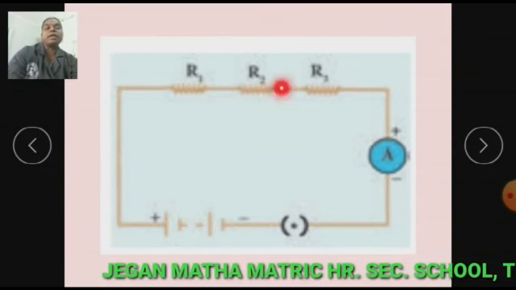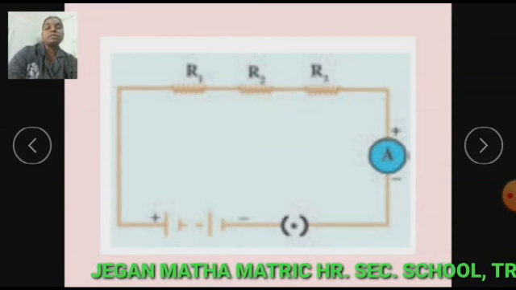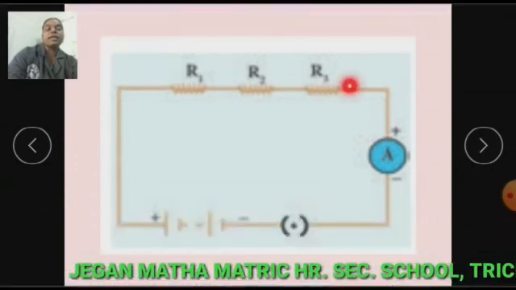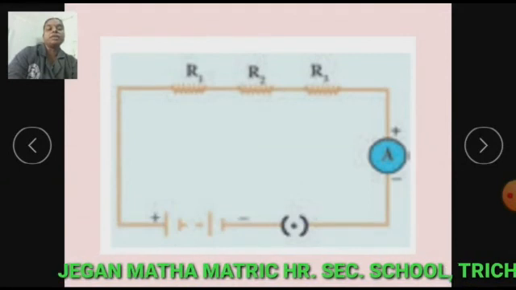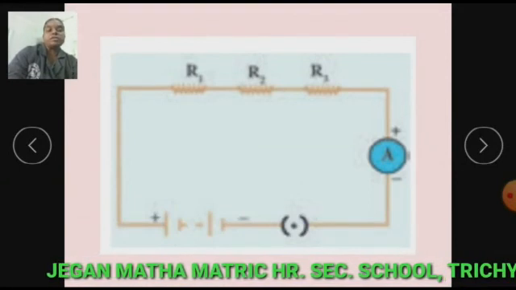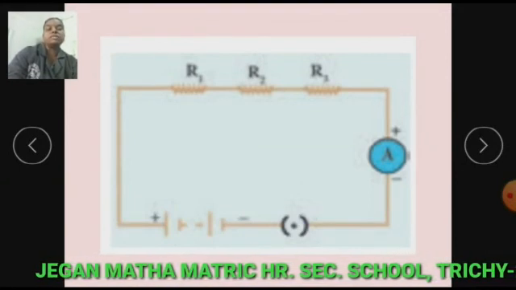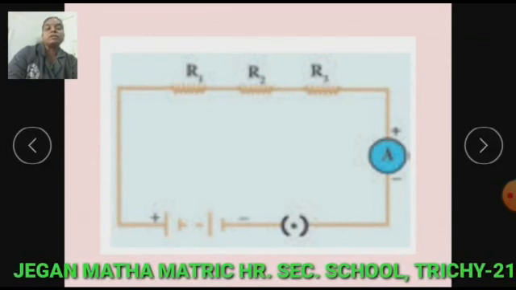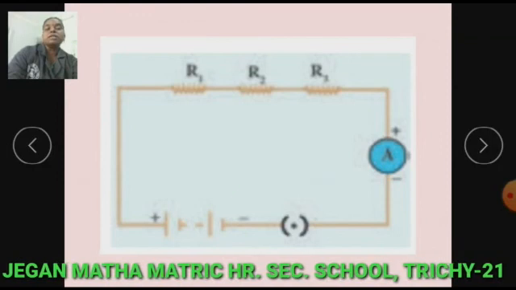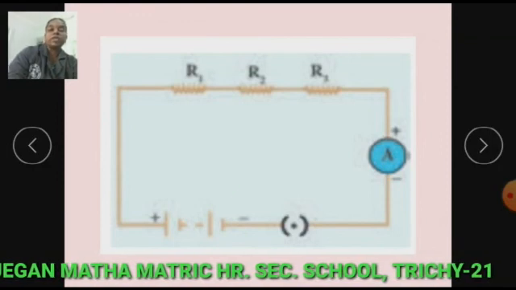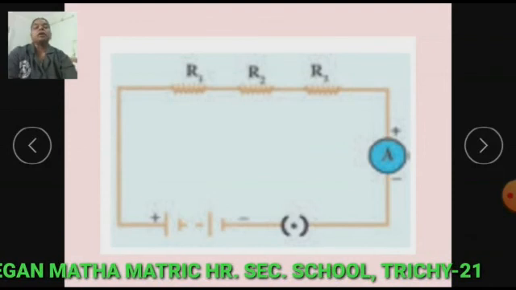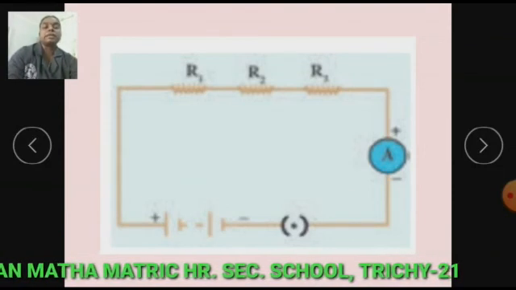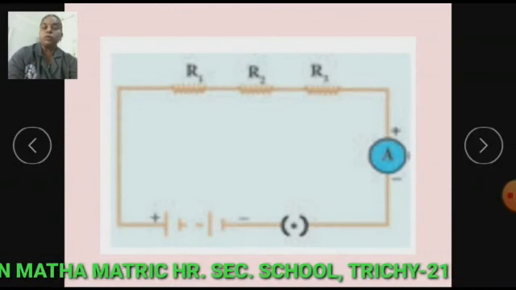The second end of R2 is connected with the first end of R3, and the second end of R3 is connected with the ammeter, and the ammeter is connected with the key, and the key is connected with the negative terminal of the battery. All these components are connected by a single loop.